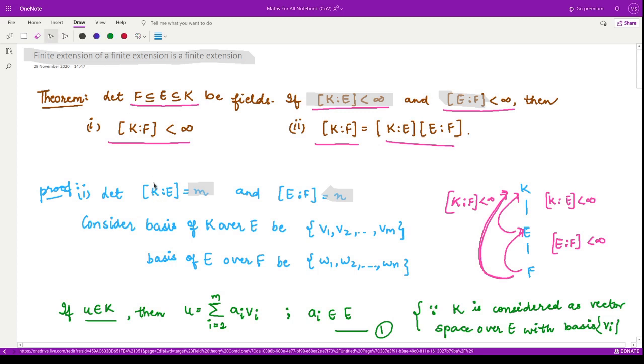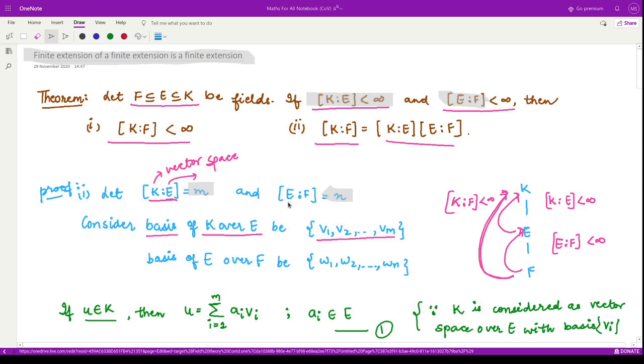So this K acts as a vector space, taking the scalars from this field E. Thus we can talk about the basis of this field K over E, and the degree of this field extension is equal to m. So we have m such elements. So let us call them v1, v2 up to vm.